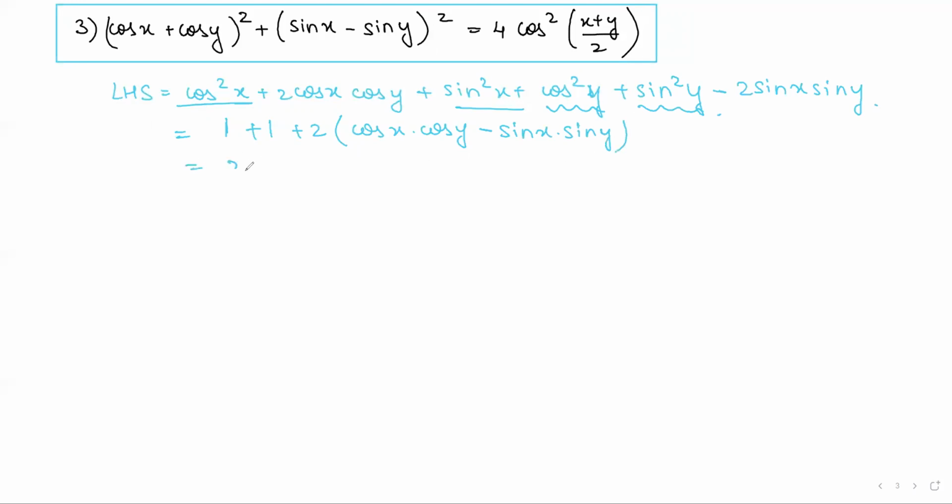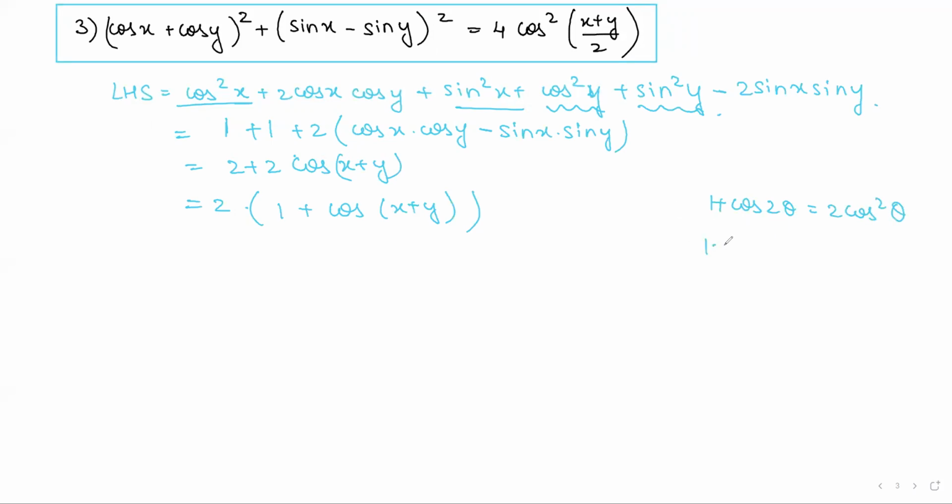Now this can be written as 2 plus 2 times cos of x plus y, which is the formula. We take 2 common, we're left with 1 plus cos of x plus y. Now we know that 1 plus cos 2 theta is equal to 2 cos square theta.